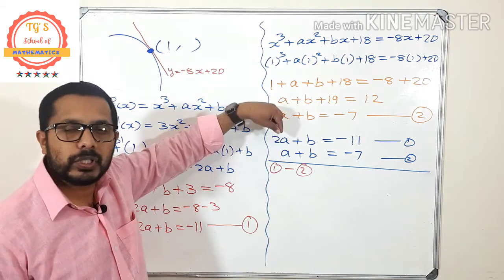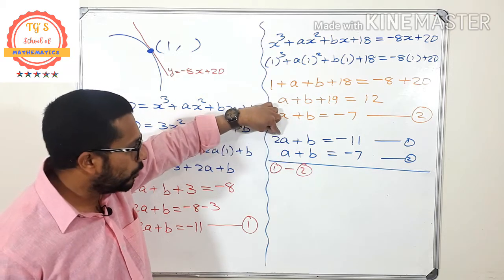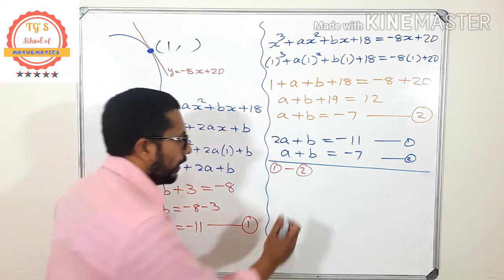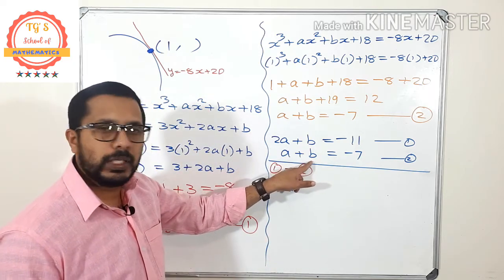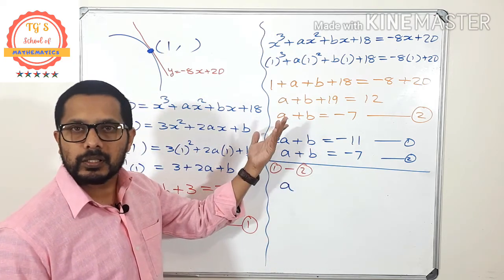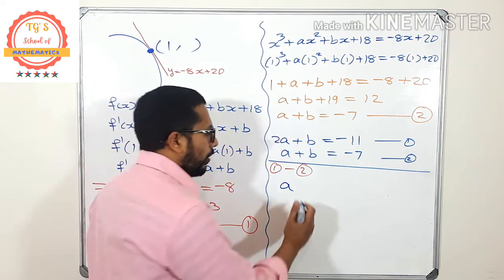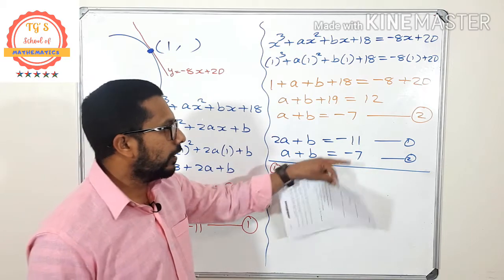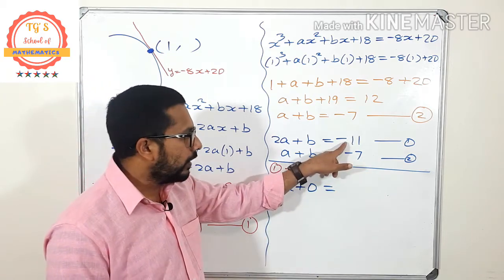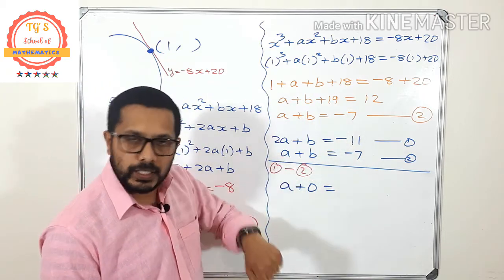So we have to subtract term by term. 2a minus a, that is a. Okay, what is b minus b? b minus b is 0. Am I right? Okay, so plus 0 is equal to minus 11. This one you must be careful. Minus 11 minus minus 7.